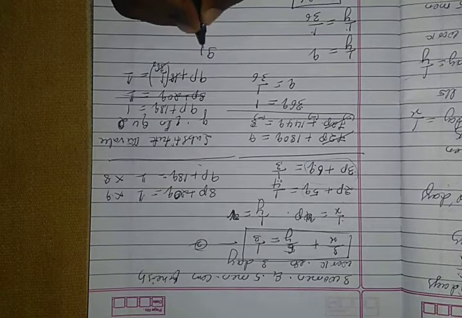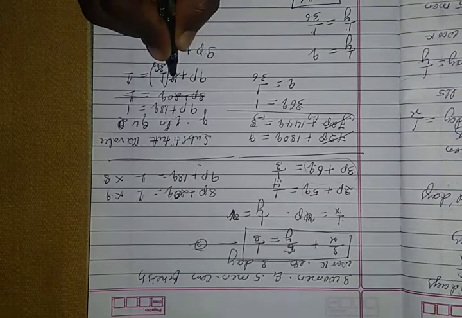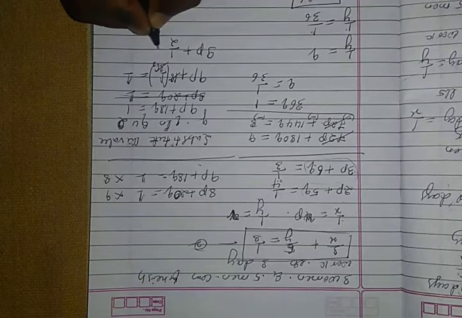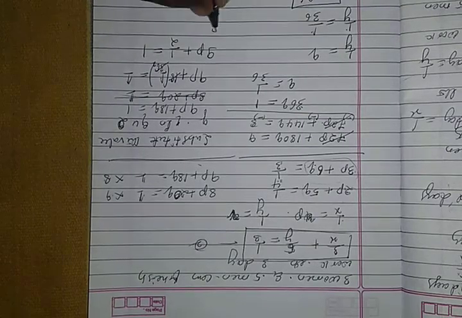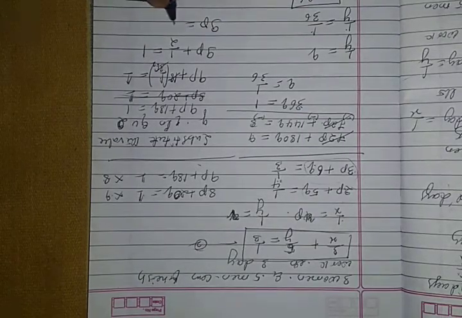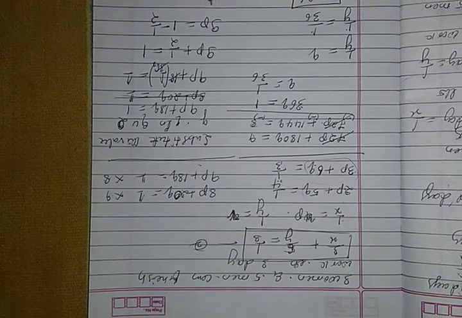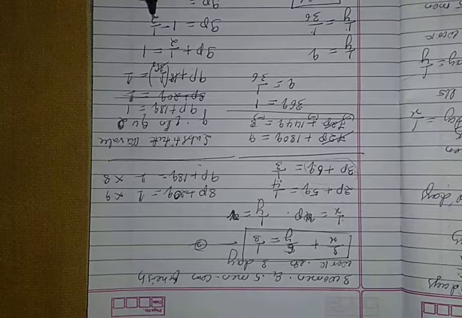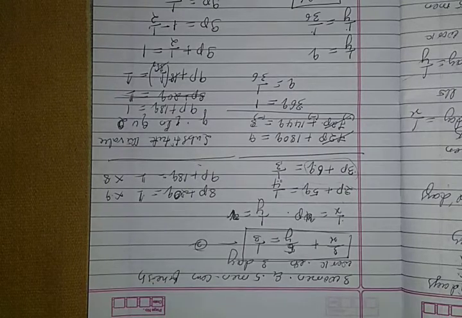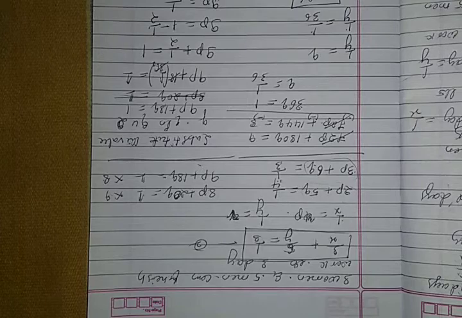Therefore 9p plus 1 into 1 is 1 divided by 2 is equal to 1. 9p is equal to 1 minus 1 by 2. So 9p is equal to 2 minus 1, which is 1 divided by 2. So that is it, and p is equal to 1 divided by 18.